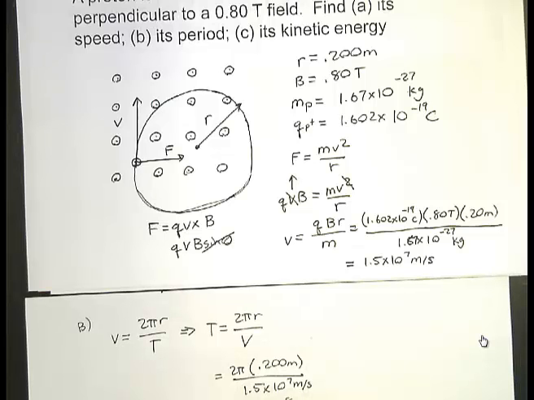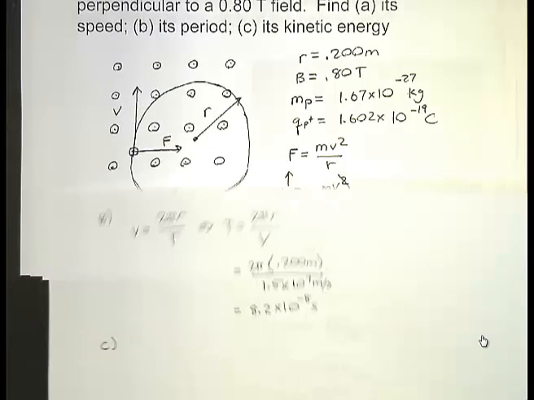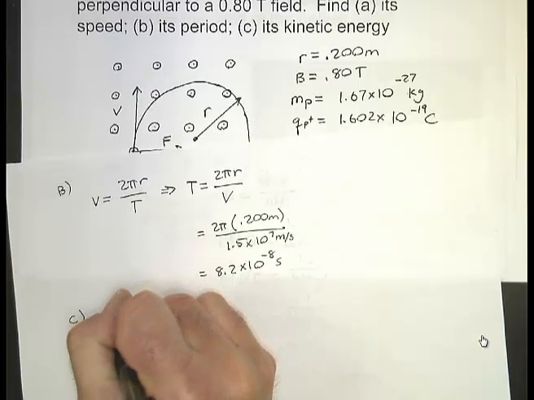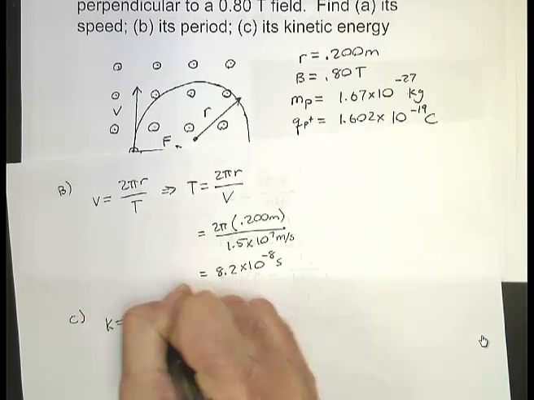And then part C. Part C is find the kinetic energy. So that's not so bad either. Kinetic energy is 1/2 mv squared.